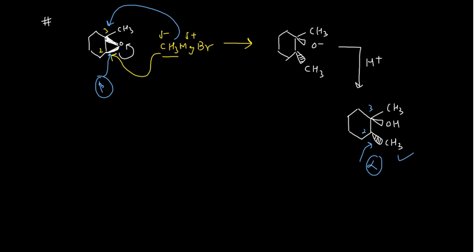Now what other reagent can we use? Say for example, I am having another reaction. This time you are having this epoxide. So this is oxygen, and this is the beta bond.